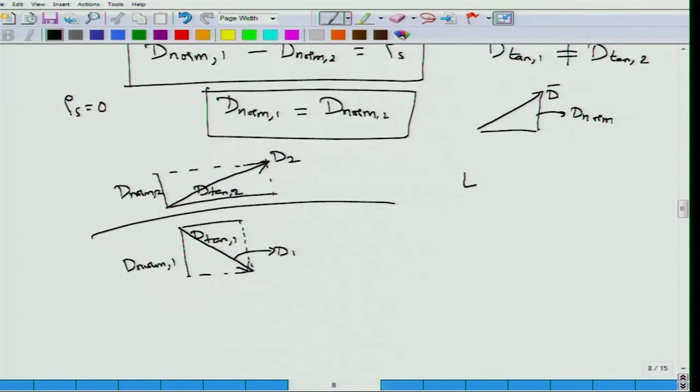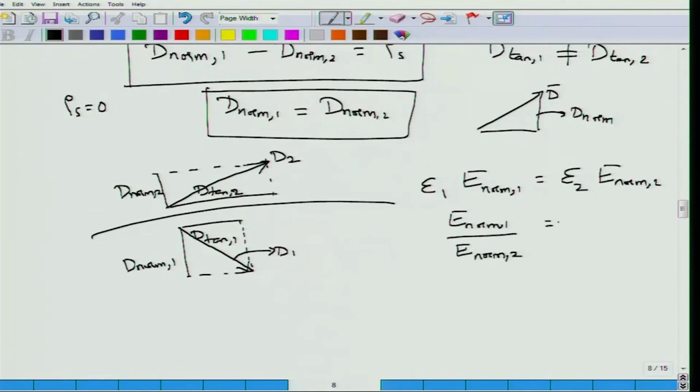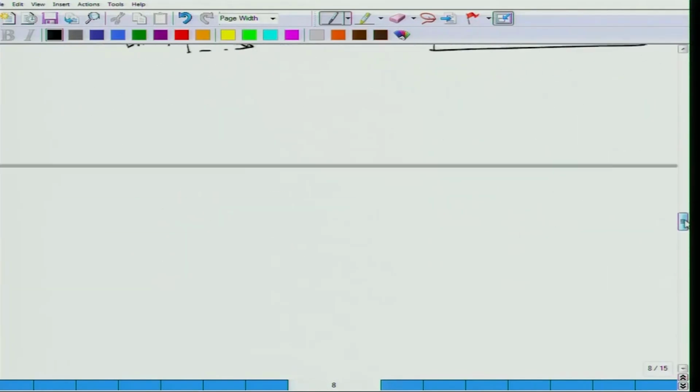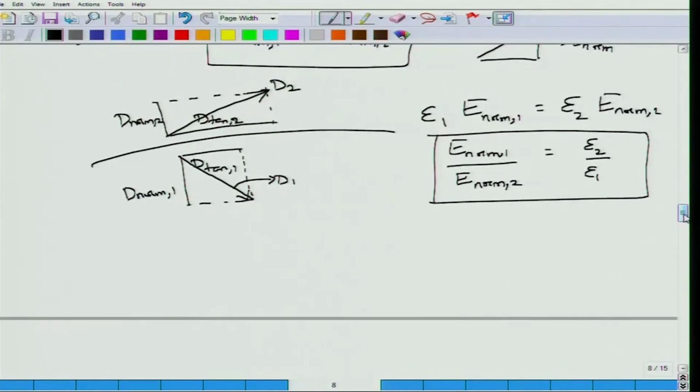So if E norm 1 denotes the normal electric field in medium 1, epsilon 1 E norm 1 must be equal to epsilon 2 E norm 2, which means the ratio of the normal electric fields in medium 1 and medium 2 must be equal to epsilon 2 by epsilon 1. So I have E norm 1 by E norm 2 is equal to epsilon 2 by epsilon 1. So now I have got all the relationships that are necessary in order to solve the previous problem.